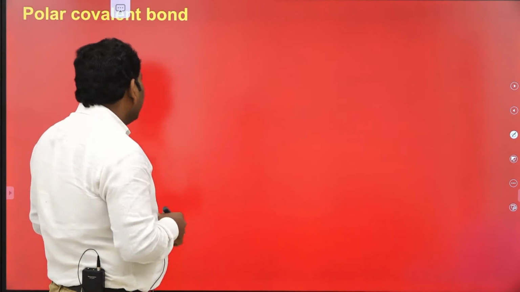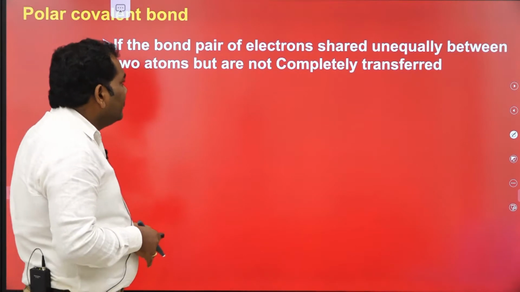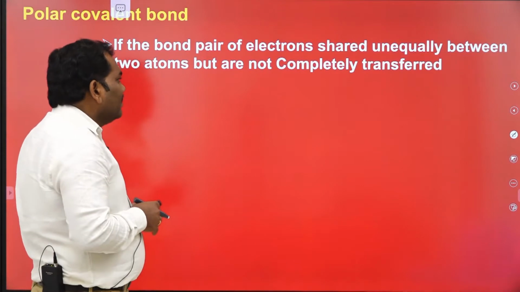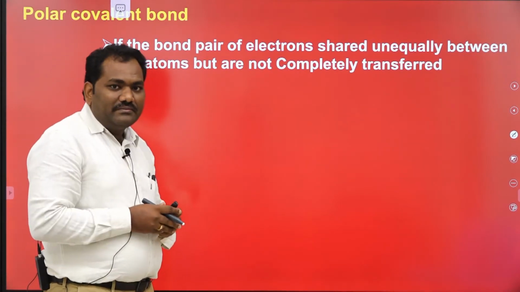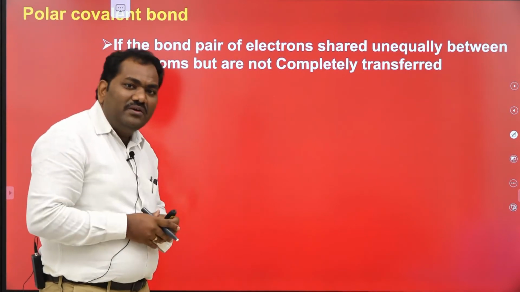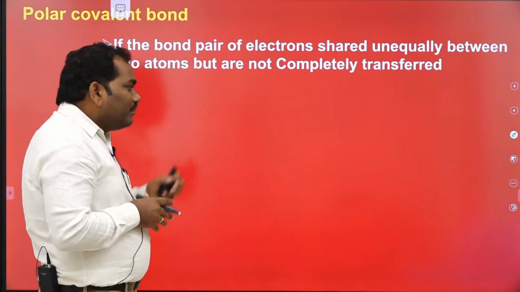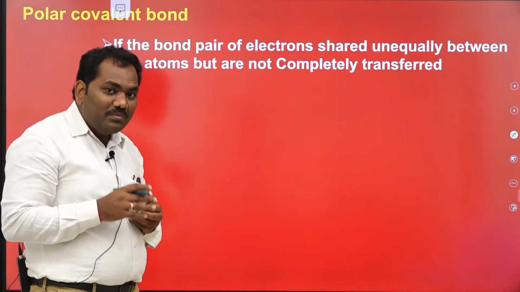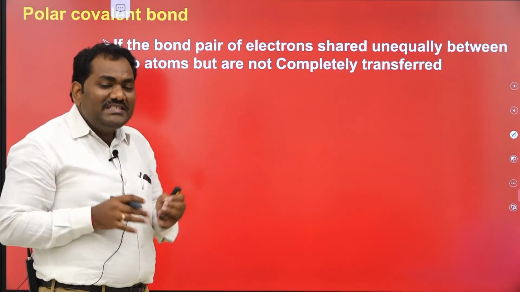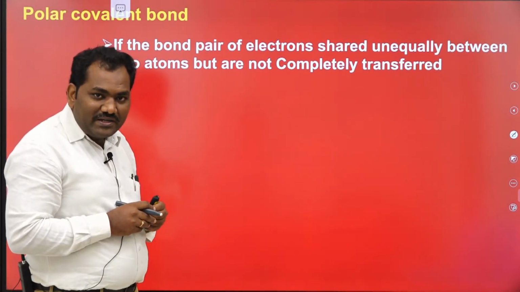Next we are discussing the polar covalent bond. A polar covalent bond means the bond pair of electrons is shared unequally between 2 atoms but not completely transferred, unlike in an ionic compound, where electrons are completely transferred from one atom to another. In a polar covalent bond, the electrons move slightly towards the more electronegative atom.